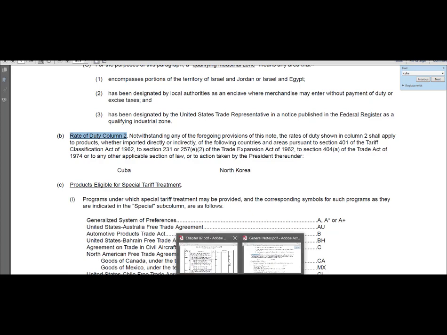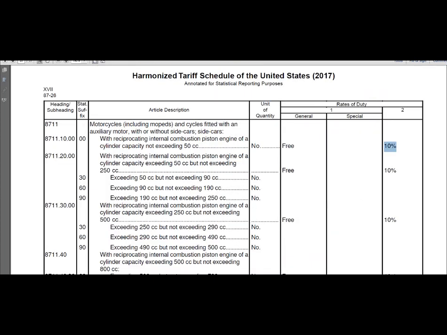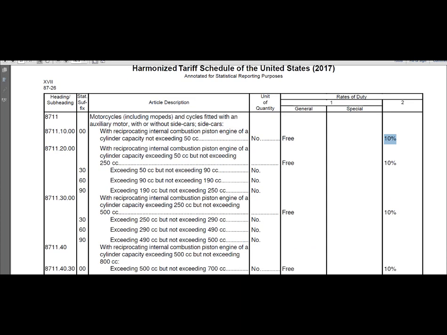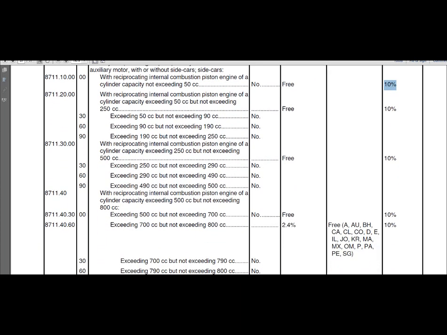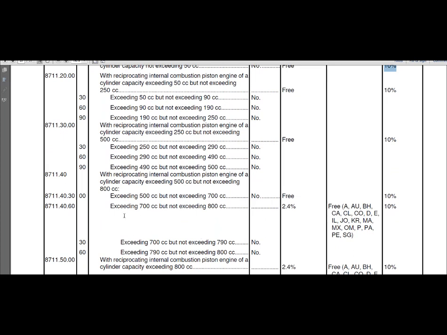So let's get back to our real-world example with motorcycles and look at this case. For example, motorcycles exceeding 700cc but not exceeding 800cc. So it's no longer free in this case. For most countries, you have to pay 2.4%.